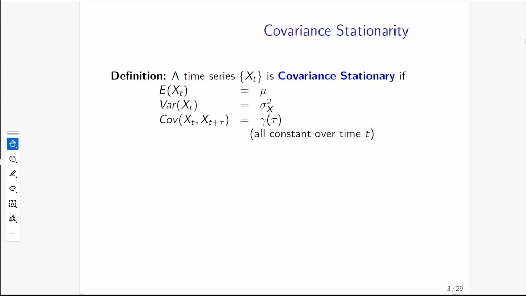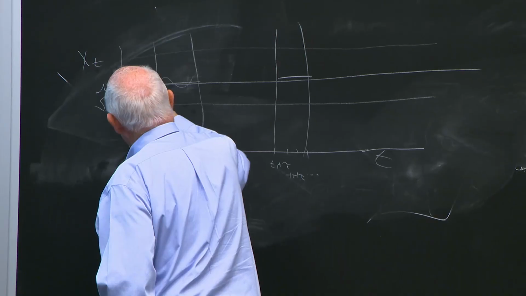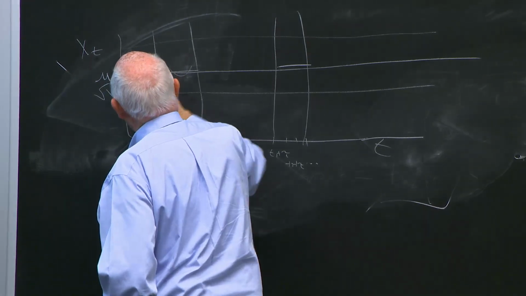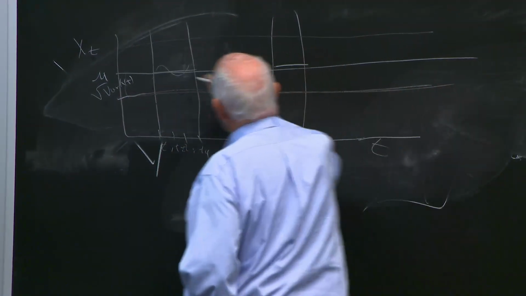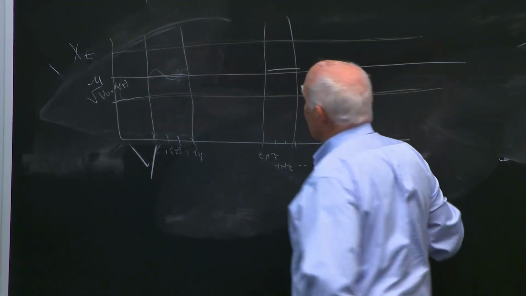And the covariance of values that are tau units apart will simply be a function of how far apart the time points are. So here, we're looking at a mean level mu, and maybe plus or minus the square root of the variance of x_t being the lower and upper levels here.